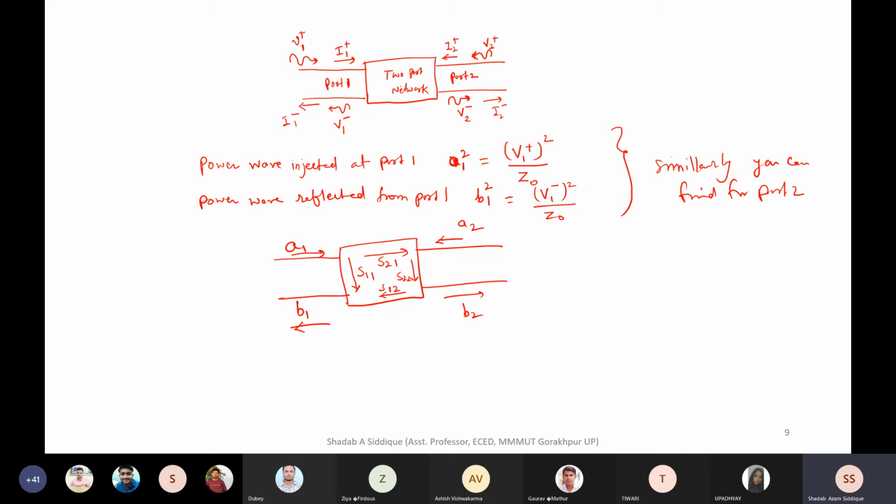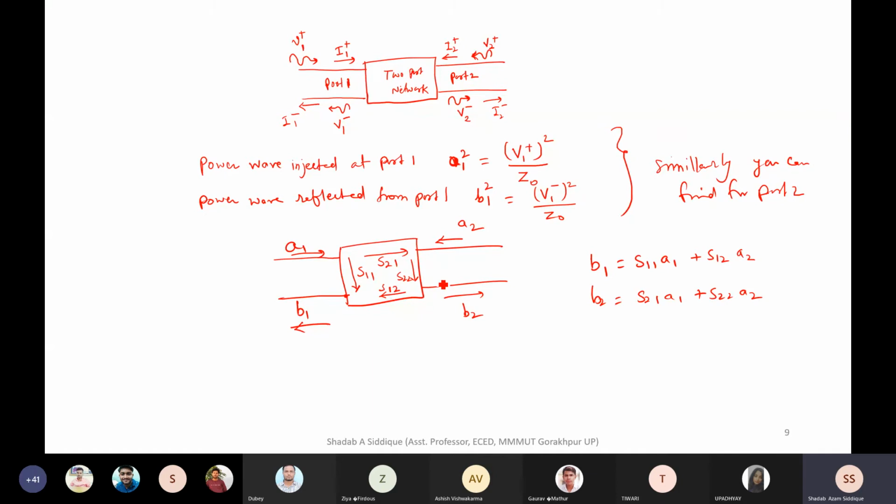Now if you go through the equations which I have just described, B1 is equal to S11 A1 plus S12 A2, and B2 is equal to S21 A1 plus S22 A2. So if you want to calculate B1, at port 1 you can see S11 is multiplied with A1, so we can say S11 A1.